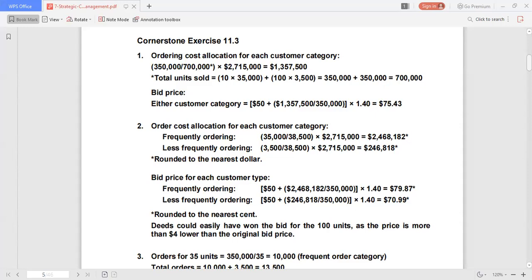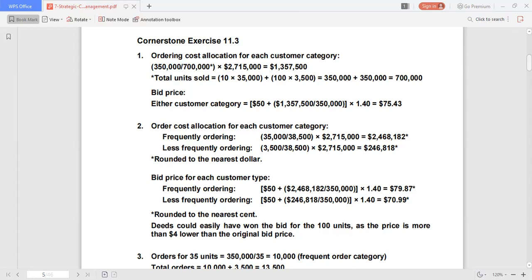No such problem was taking place for the smaller orders. The company rarely lost bids on smaller orders. Calculate the unit bid price offered to these customers, assuming that order filling cost is allocated to each customer category in proportion to units sold.